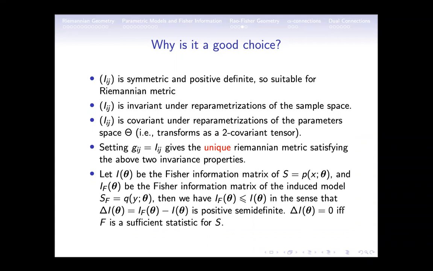The theorem says that the information matrix I_F(theta) on the induced model is less than or equal to I(theta), in the sense that the difference between them is positive semi-definite. So this delta I(theta) is defined as the induced model Fisher information matrix minus I(theta).